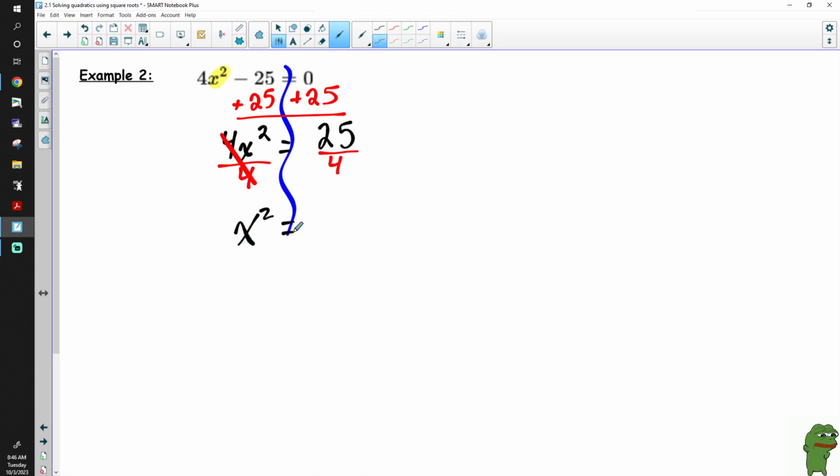You probably plugged 25 divided by 4 in your calculator. And why is that yucky? Because it's a decimal. No, we don't do those. We're going to keep it as 25 over 4, but I promise it's way better this way.